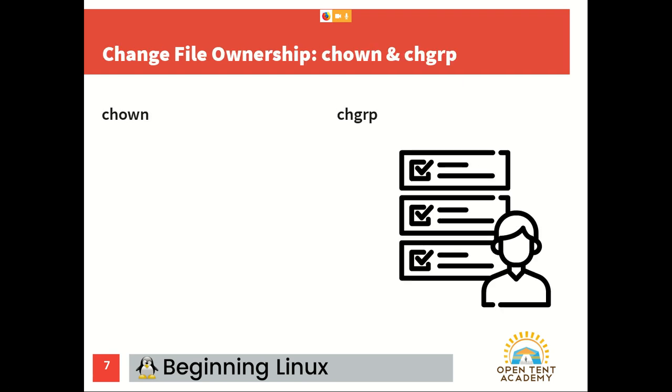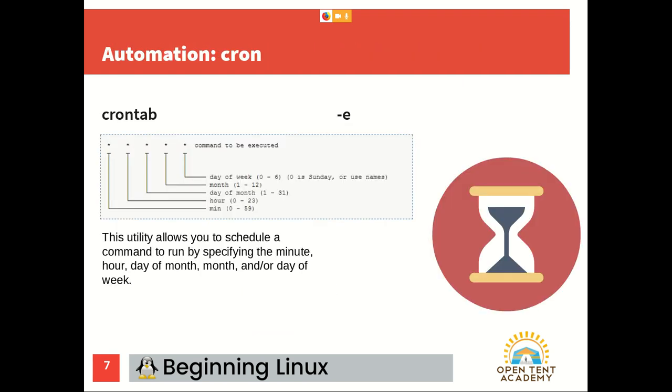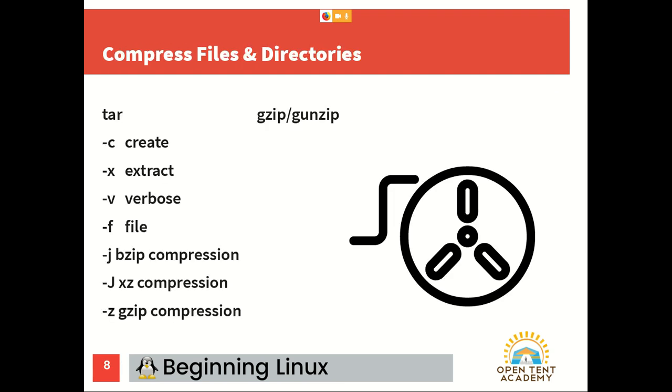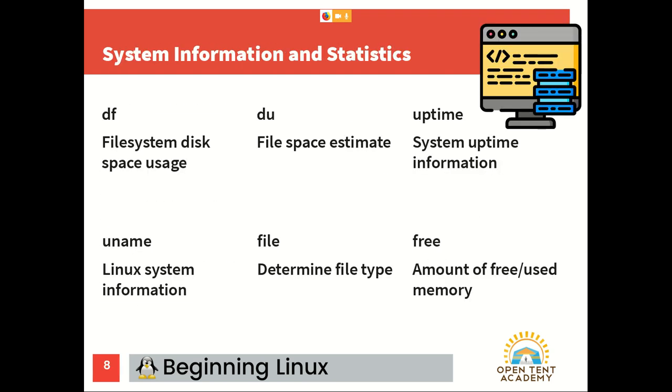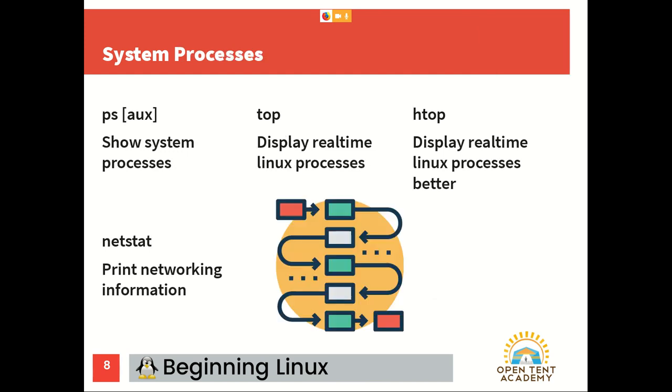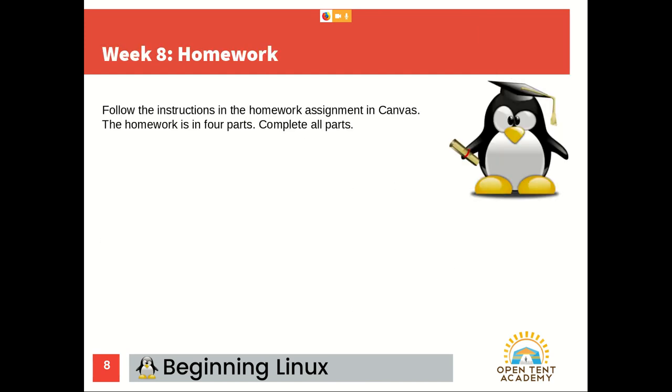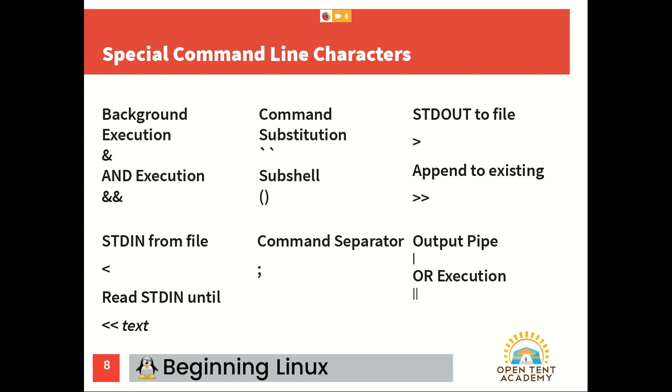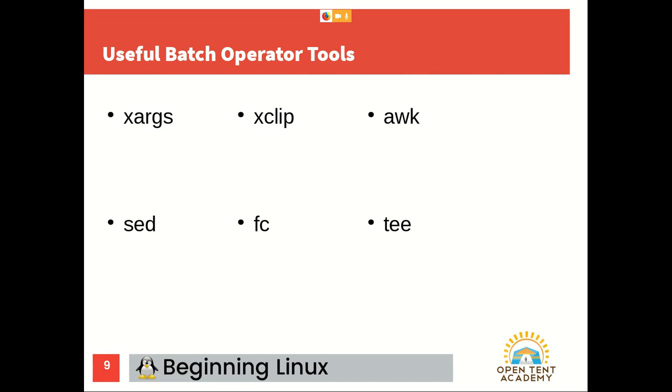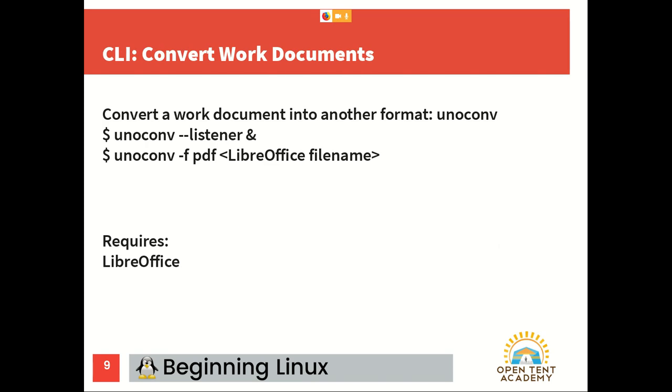So we've covered file permissions, cron, archiving, and then a whole bunch of utilities that help us work in Linux. A number of ways to manipulate commands so that we can get parts of other commands and write results out to files, and then a number of other commands that help us on the command line.